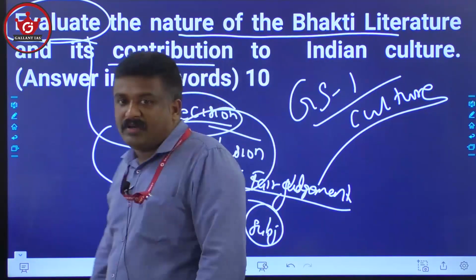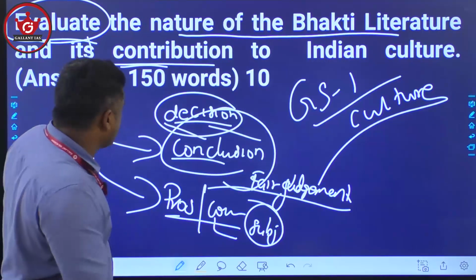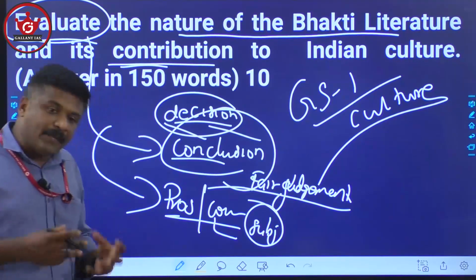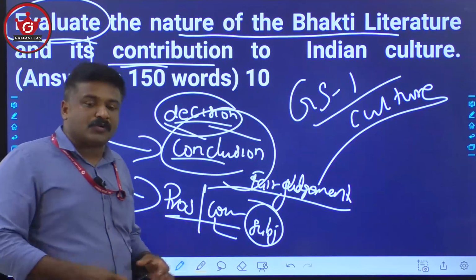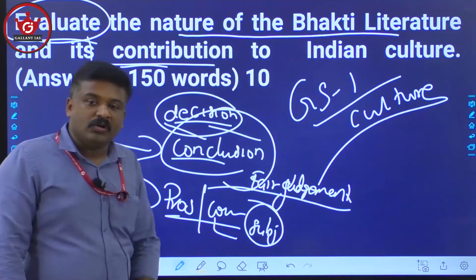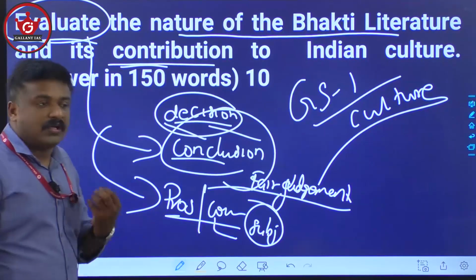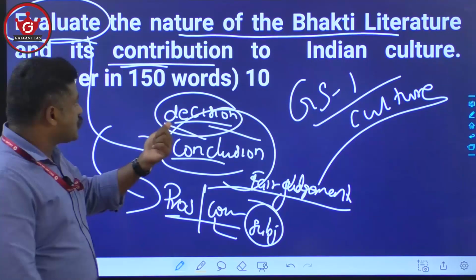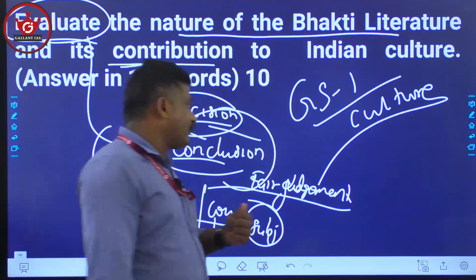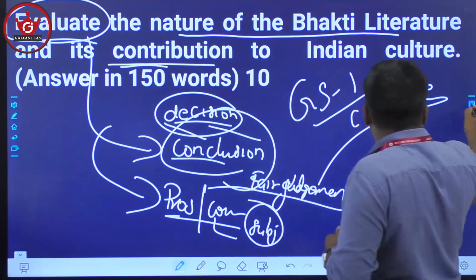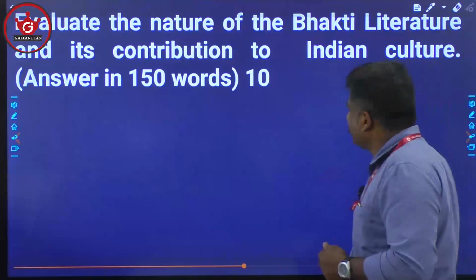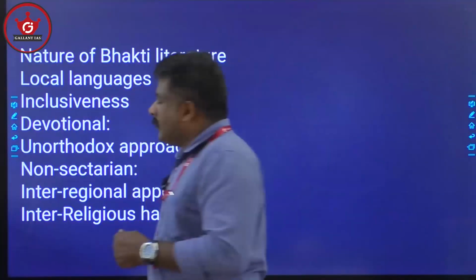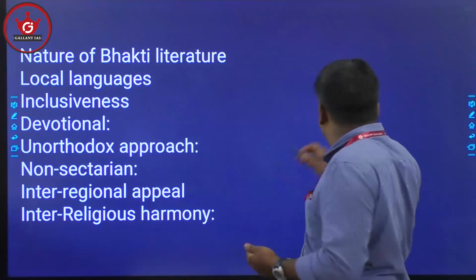In this question, you will have to come up with a fair judgment, conclusion or decision after a very keen examination of the pros and cons of the given subject. Here you have to focus on the nature of the Bhakti literature and its contribution to Indian culture. You have to write in 150 words. When you go for this answer, first of all, in the intro, you will have an idea.